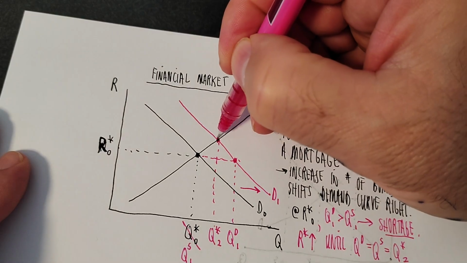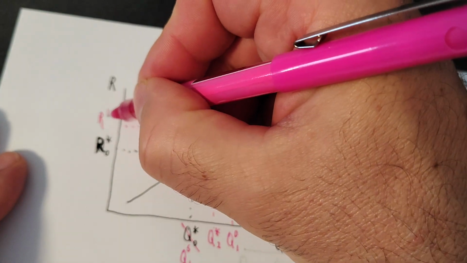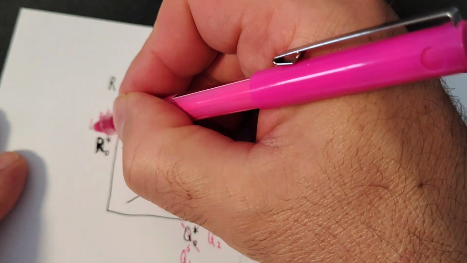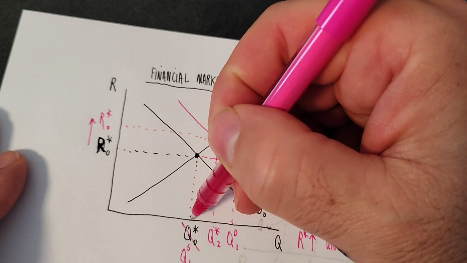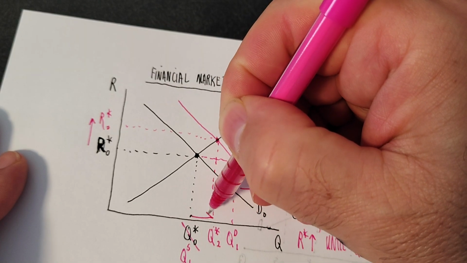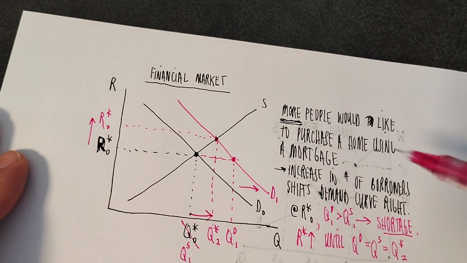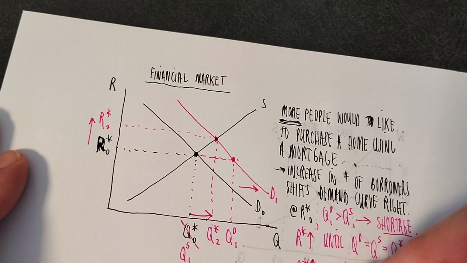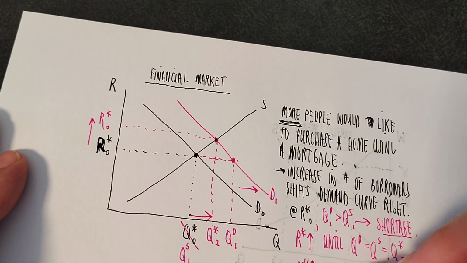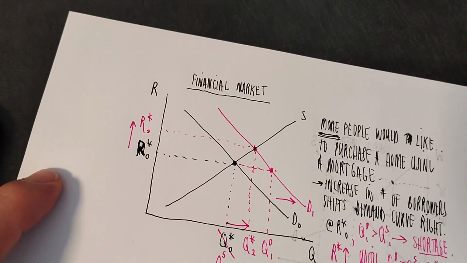And this is R star 2. So the interest rate has risen, and we have more people borrowing money, so Q star has also increased. So Q star has gone up, and R star has also gone up. Okay?